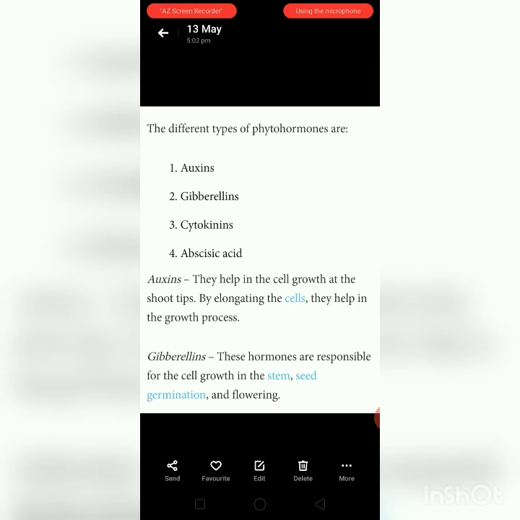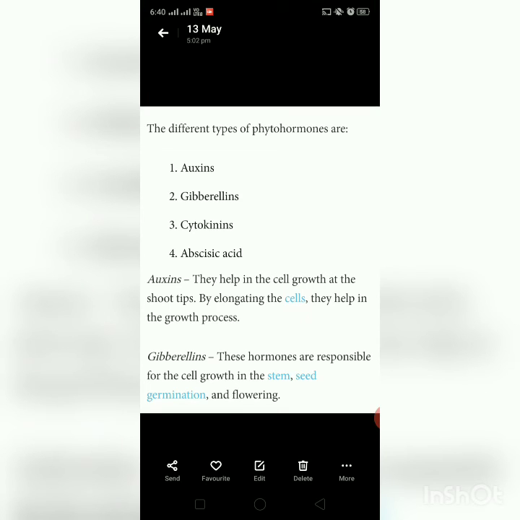Auxin is present in the tips of the shoot, meaning the upper parts of a plant, and it helps to elongate the cells. They help in the growth process.